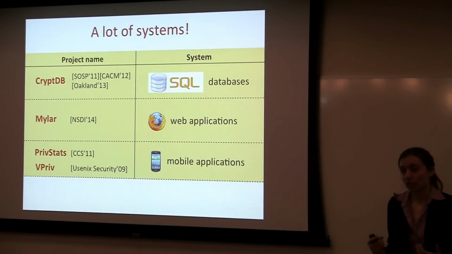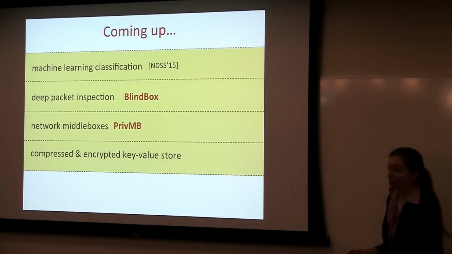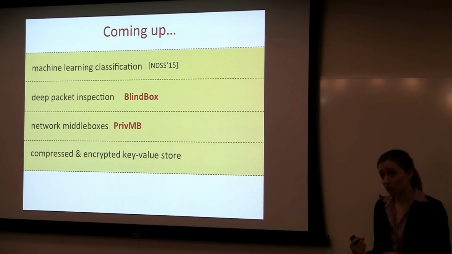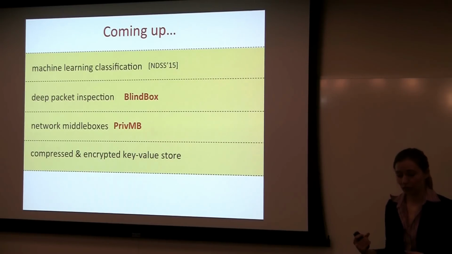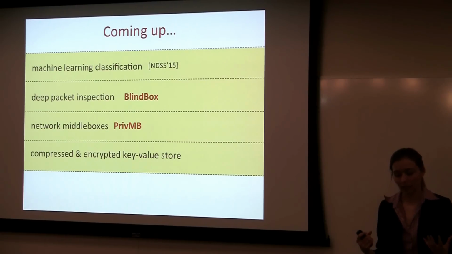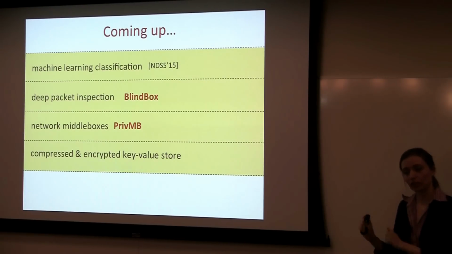PrivStats and vPriv are able to run mobile applications on top of encrypted data. And actually, we have a bunch of systems coming up. So we showed how you can do machine learning classification over encrypted data, how you can do deep packet inspection, network middle boxes over encrypted data, how you can have an encrypted key value store and compressed key value store on encrypted data. But I'm going to tell you a bit more about this later.